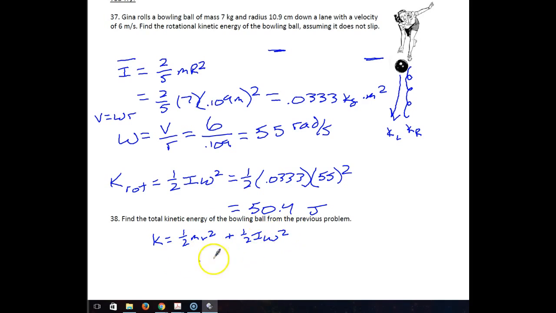We already know the rotational is 50.4, so we just have to find the linear. That's 1/2 of 7 times 6 squared, plus 50.4 joules. If you do your math, you'll find out the ball actually has 176 joules of kinetic energy, which is quite a bit. And that's how you do number 38.